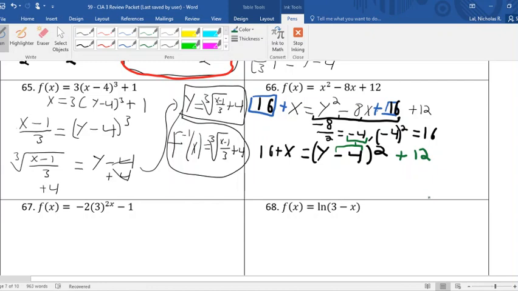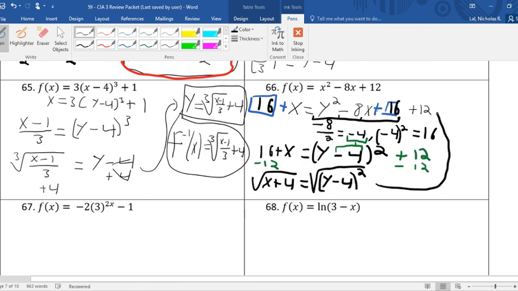So I'm going to subtract 12, so now I can get y by itself. I'm going to subtract 12 from each side. And then I can get x plus 4 equals y minus 4 squared. Take the square root of both sides.